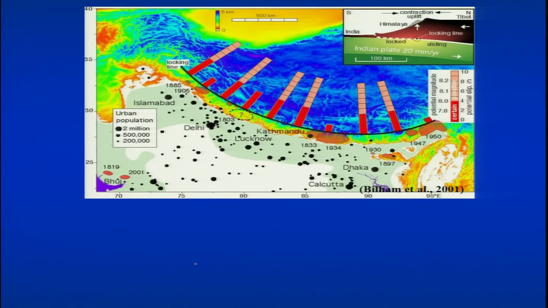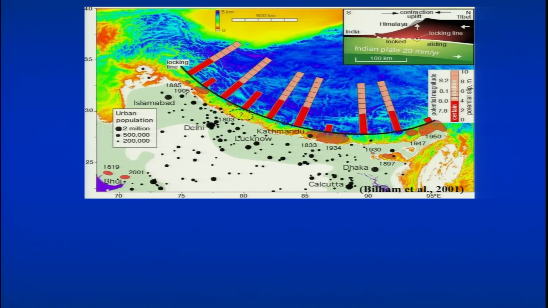Now, based on the information or the data which was available from the historical as well as the recent seismic events, the theory which came up was that these regions have already released the energy which was available all along the plate margin. Okay.